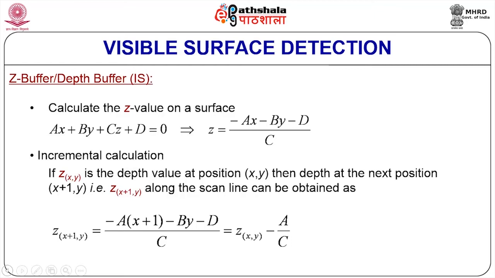You consider a scan line, replace x with x plus 1, comma y, and wherever there is x, if you replace that with x plus 1, what happens is minus a times (x plus 1) minus by minus d by c, and you can expand that inside: minus Ax minus A minus By minus d by c. So, already minus Ax minus By minus d by c is the previous depth z at x comma y. So, we can conveniently replace that with z at x comma y.